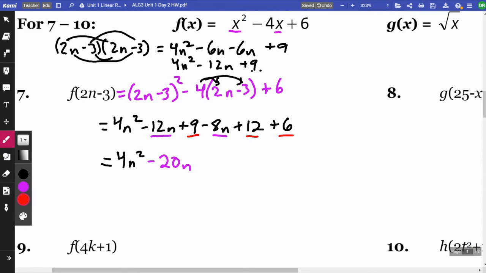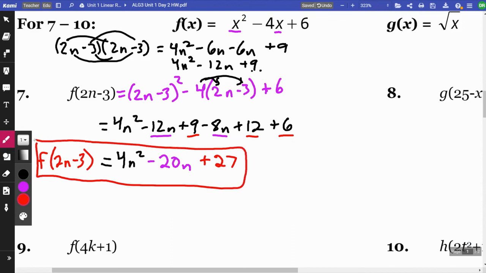So the way that I think about this is I go 12 and 6 is 18, another 9 is 27. So 4n squared minus 20n plus 27. So this is a more rough example. These ones can get a little ugly, but it's just using a lot of the skills.